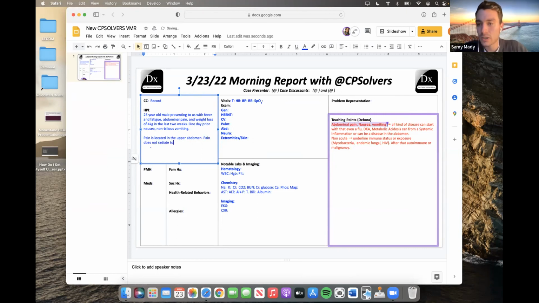The pain is 4 out of 10 in intensity and is constant. He denies any other pain, dyspnea, urine or stool changes, no hematochezia or melena.